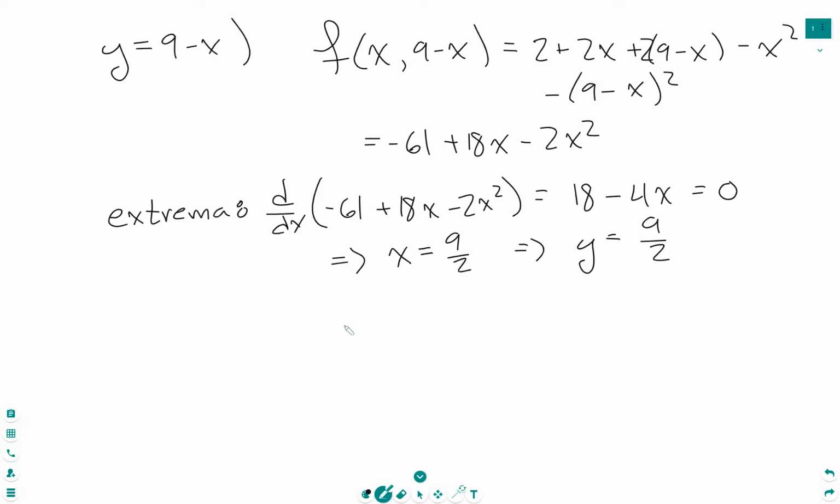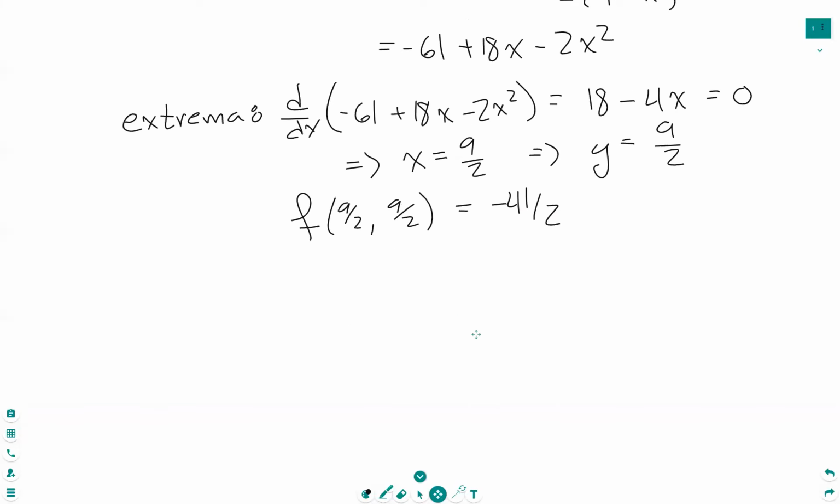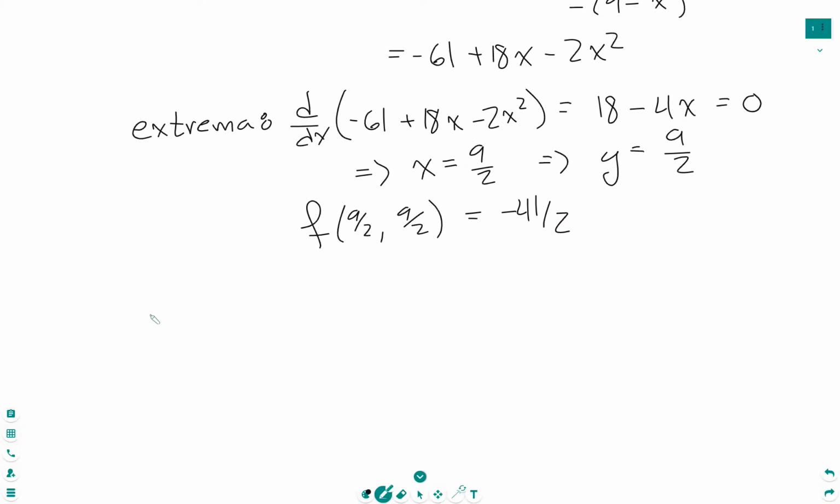So we can go ahead and test that point. So f at 9/2 and 9/2 is negative 41 over 2. Okay, so just to be consistent, we're going to do the endpoints as well, even though both of the endpoints we've already tested in the above cases.